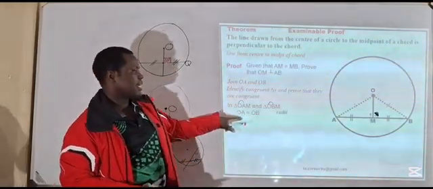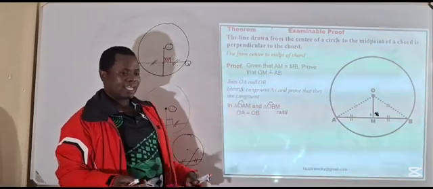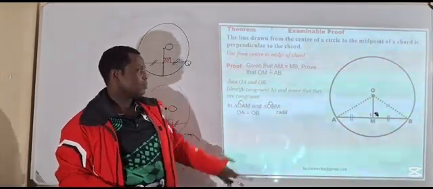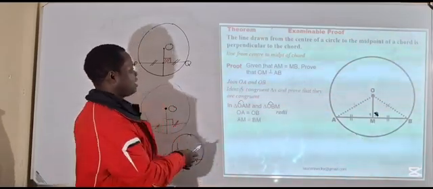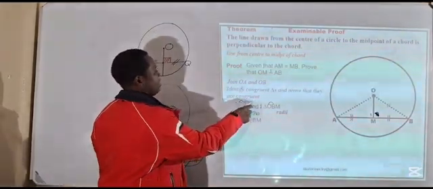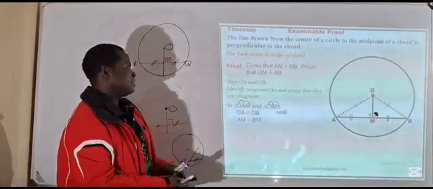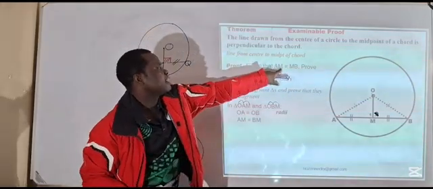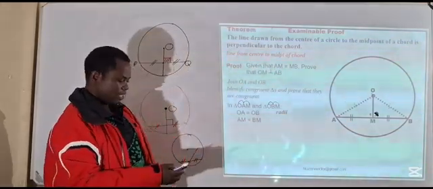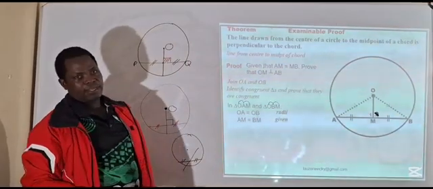In our case, they are equal because OA is the radius and OB is the radius. So our reason is radii. Then we compare the second one to the second one, the next sides. That is line AM and MB. That is what we are given here. So therefore, our reason for that one is given.